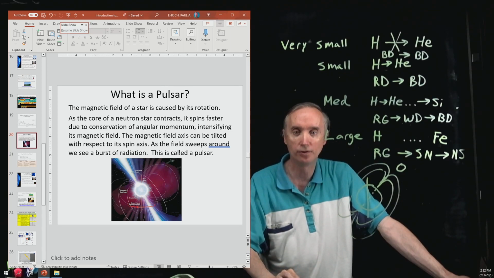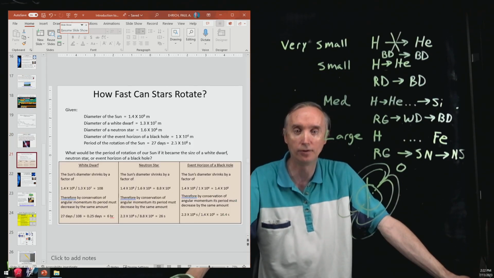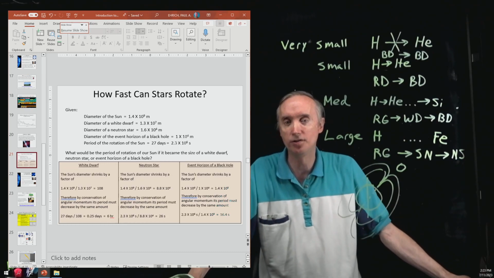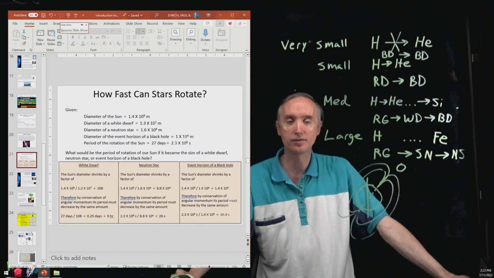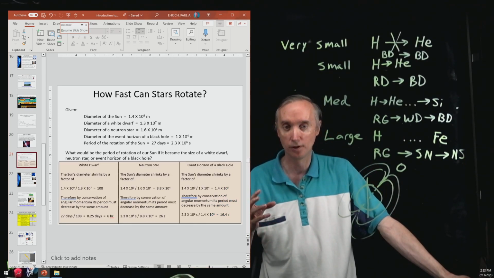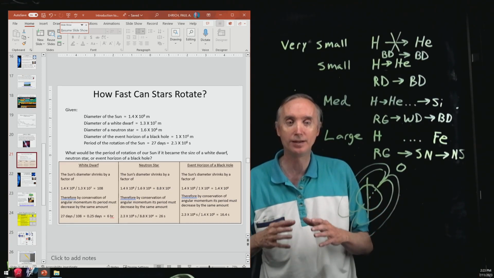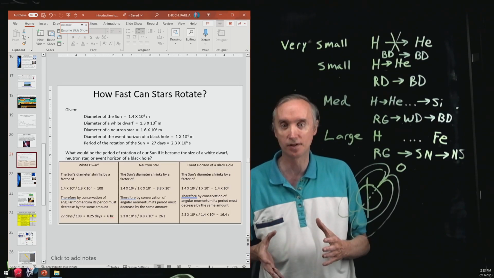So I wanted to do a calculation for you here, which you are not responsible for on the exam, but I wanted to know just how fast would different objects rotate, assuming that they all start out being the same size as the sun.